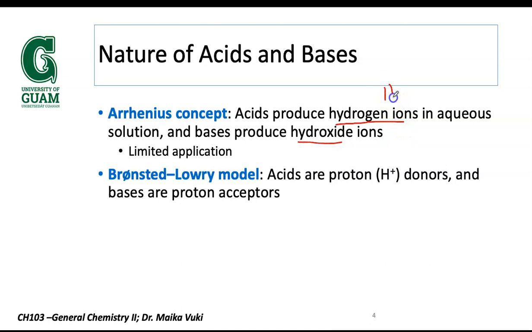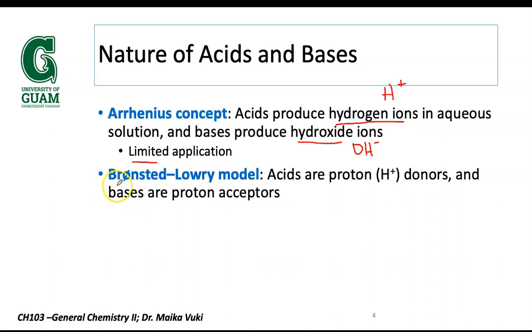So basically the species we are referring to here is the hydrogen ion, H+, and hydroxide ion is OH-. This is a very basic definition, but it has certain limitations. It's not as wide-ranging as one would think of acids and bases today.